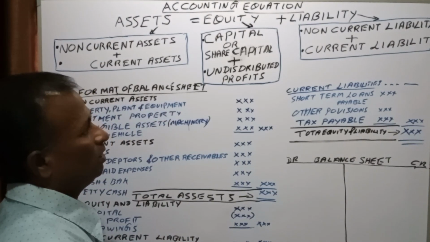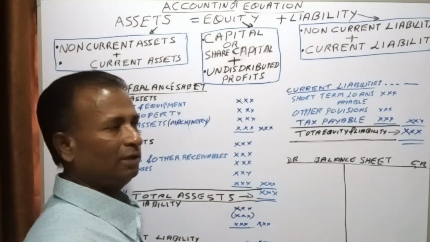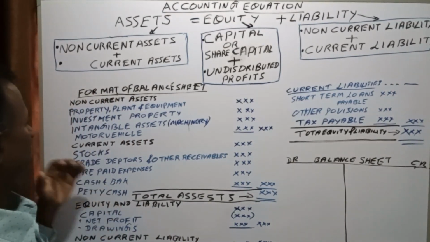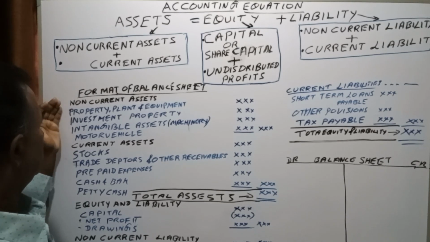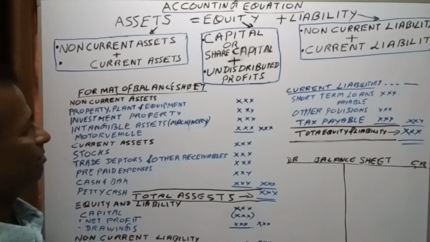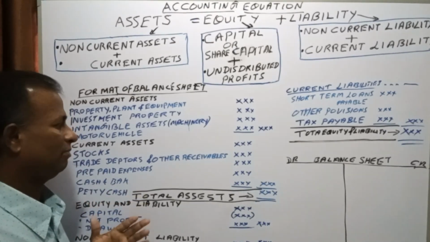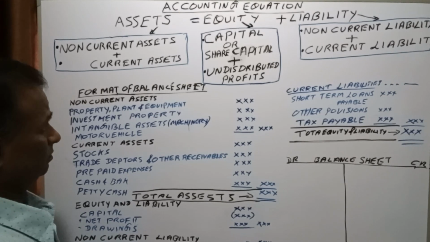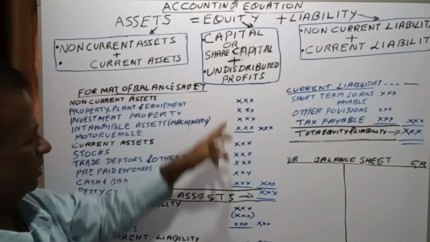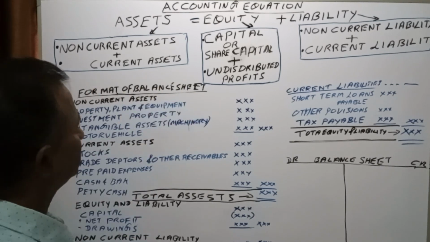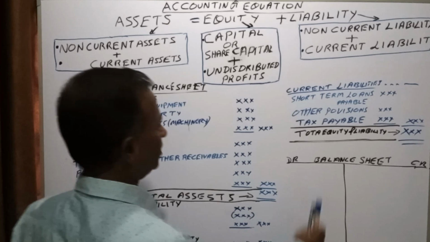Now we can see in detail what the non-current assets, current assets, non-current liabilities and current liabilities are. This is the vertical format of presentation of the balance sheet. This is the T format.